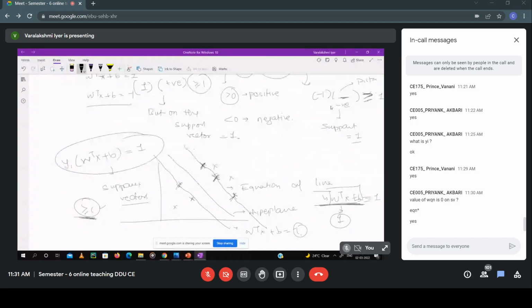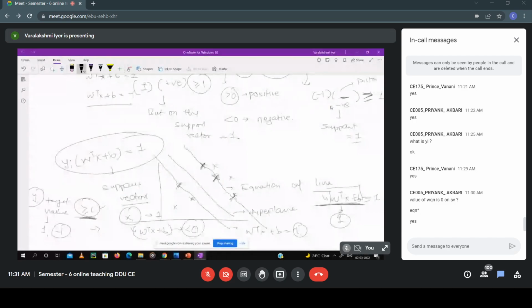Because yi is the target value that your data set can take. It can take 2 values, plus 1 and minus 1. Suppose your data point is getting misclassified. Suppose for example x1 has an actual label of plus 1, and the value of W transpose X plus B that you are getting is less than 0.